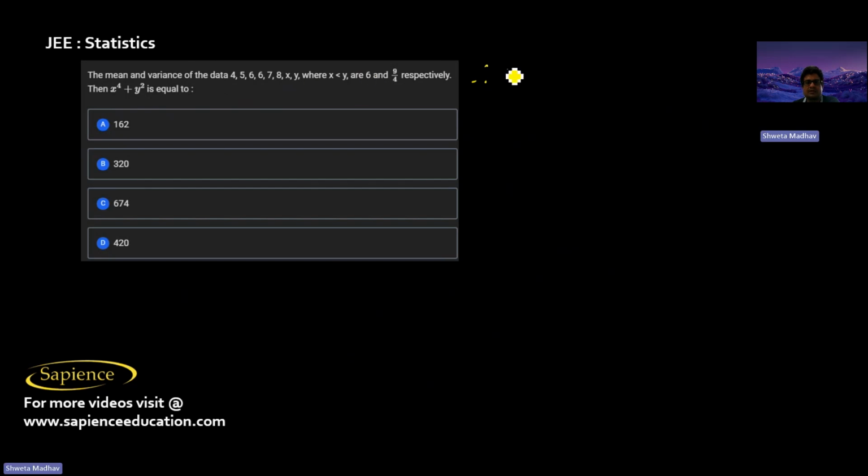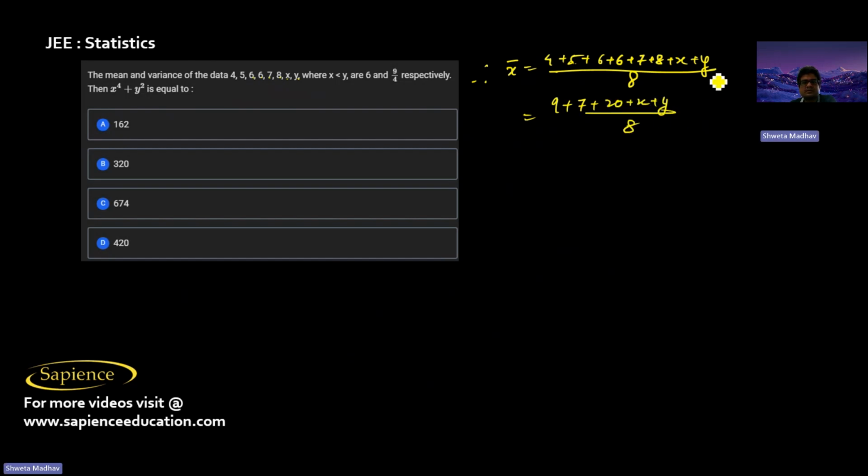The mean is 6, so therefore I can say mean value x bar will be equal to 4 plus 5 plus 6 plus 6 plus 7 plus 8 plus x plus y divided by 8, since there are 8 data points. So 4 plus 5 is 9, 9 plus 7 is 16, 16 plus 8 is 24, 24 plus x plus y, that divided by 8, is given as 6.